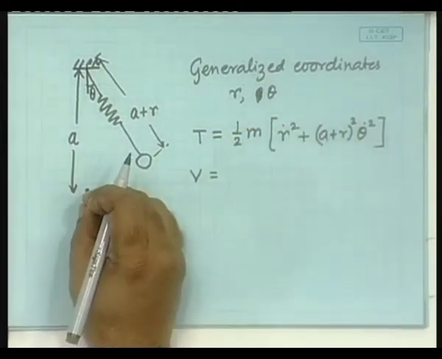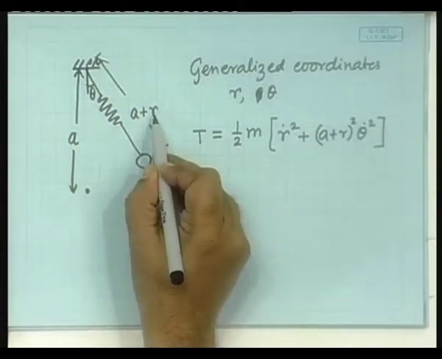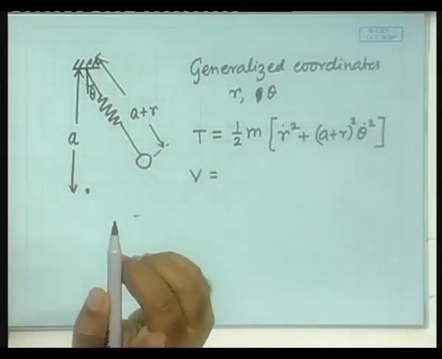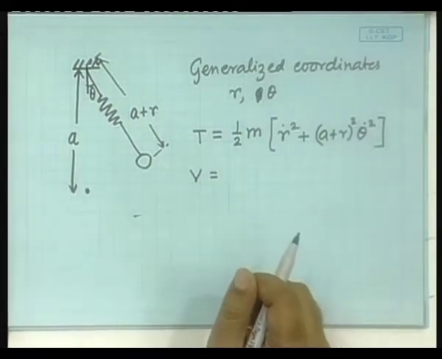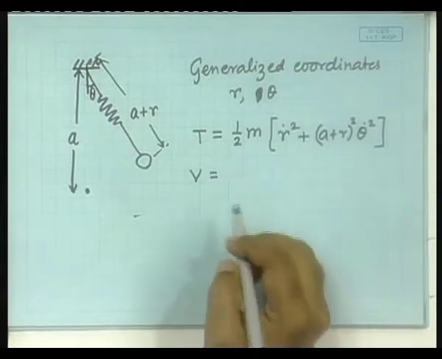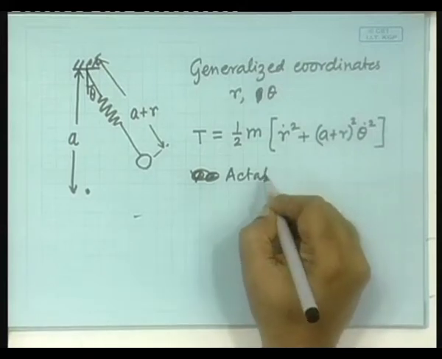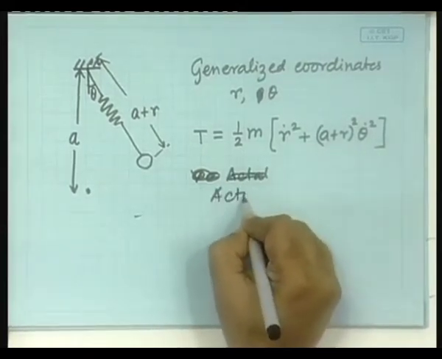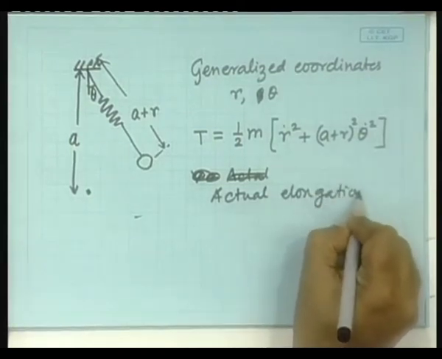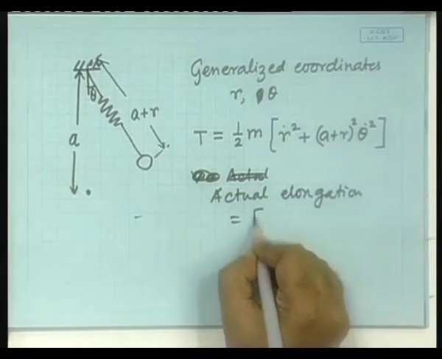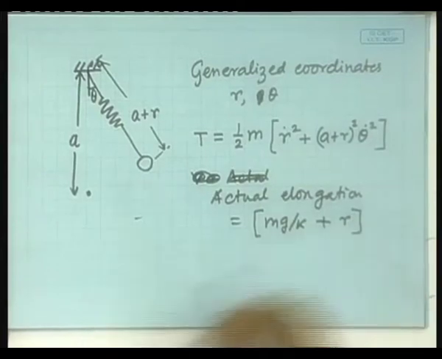And I am now counting the difference from that position here, and therefore what is the actual elongation? Mg by k plus r. So the actual elongation is mg by k plus r.